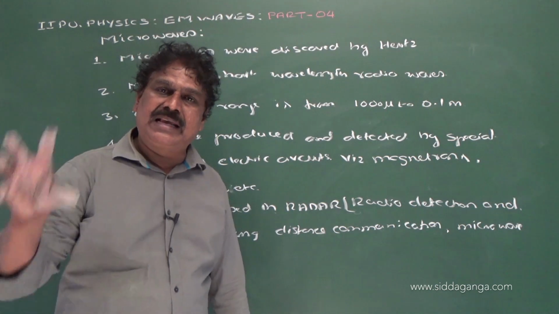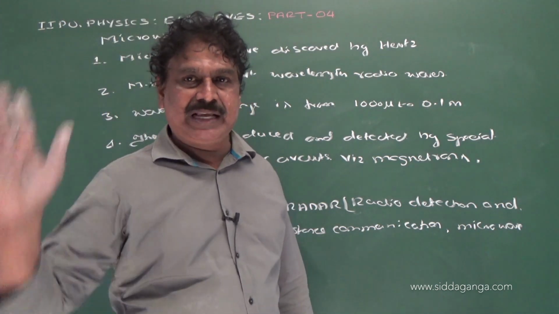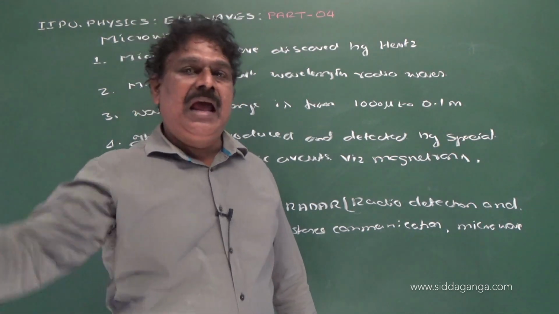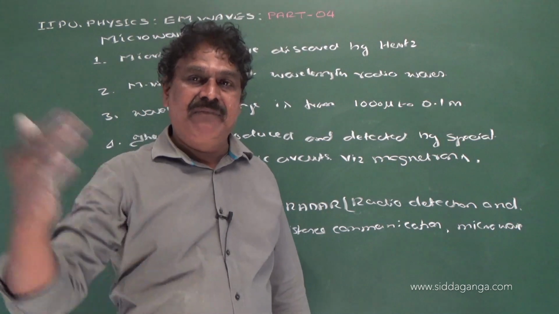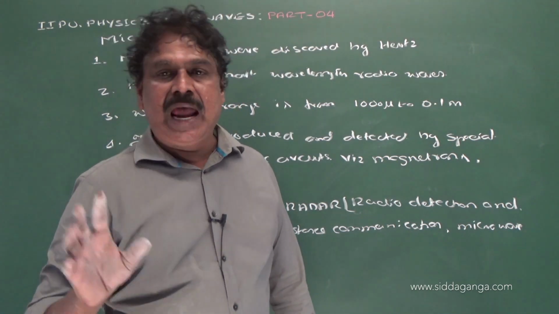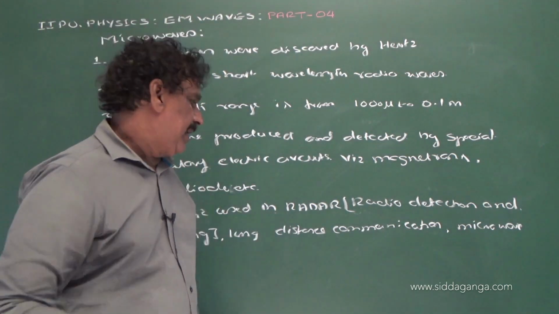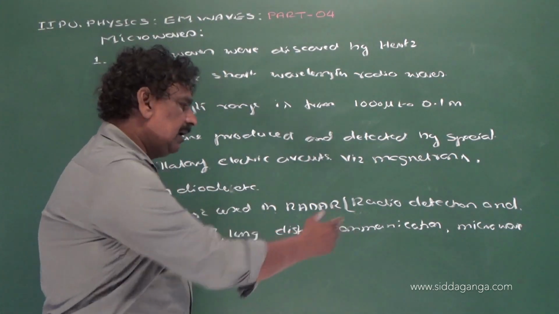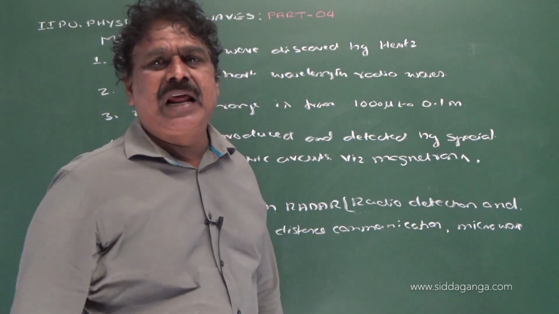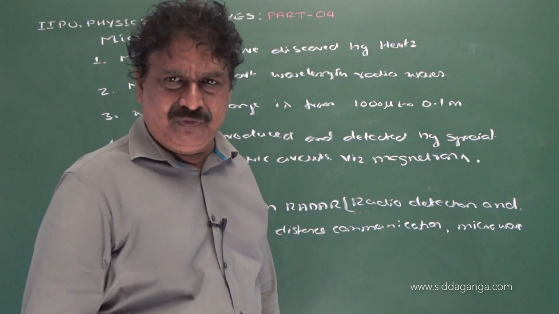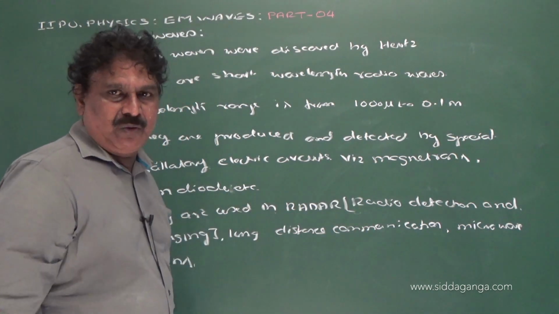Using radars we can exactly locate the position of the aeroplane, that is, the exact distance of the plane, and using the Doppler effect we can find in which direction it is moving and what the speed of the aircraft is. They are also used in long distance communication, for example, mobile phones, etc. And they are used in microwave ovens.